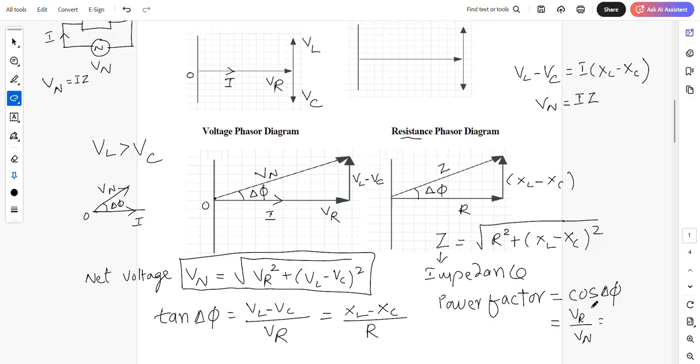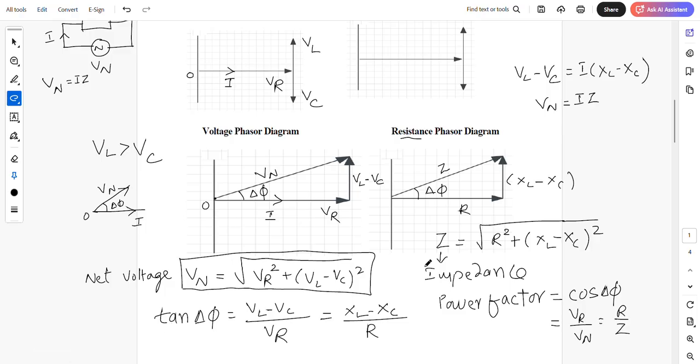If I observe the resistance phasor diagram, cos of delta phi is base by hypotenuse, adjacent by hypotenuse, that is R by Z. Kindly remember these formulae, very very important: net voltage, impedance, and tan of delta phi.